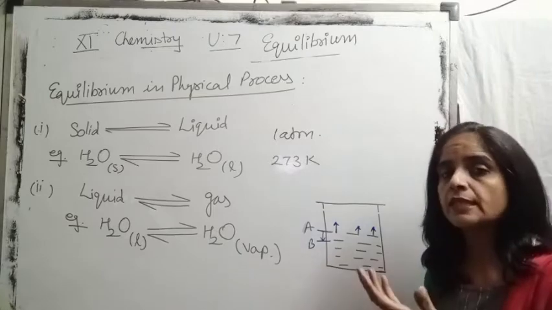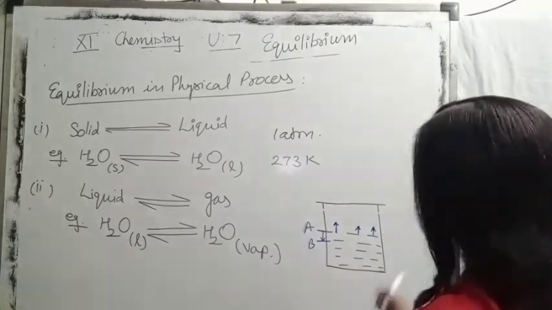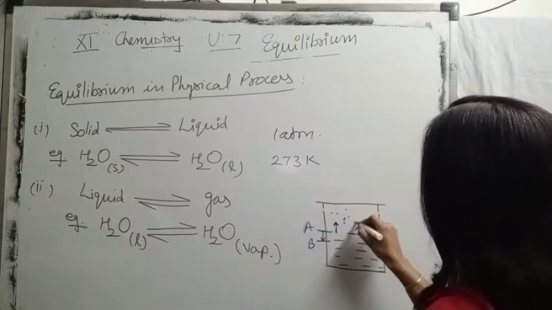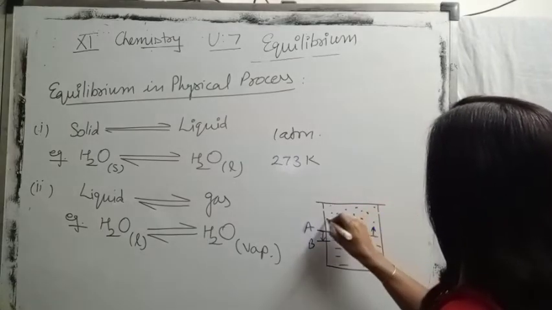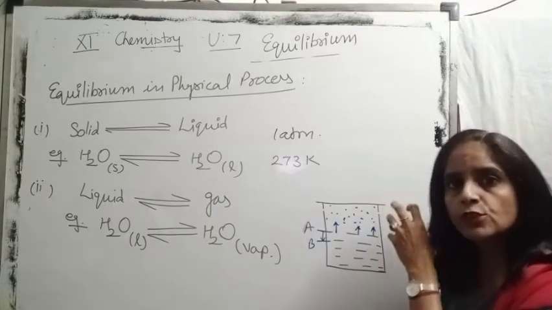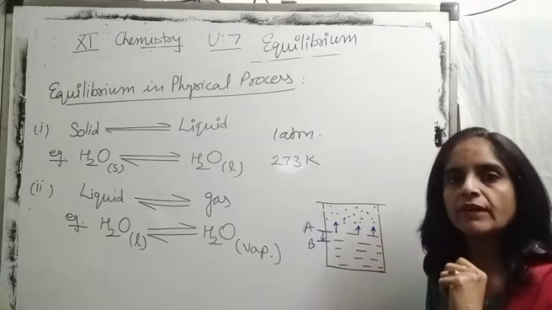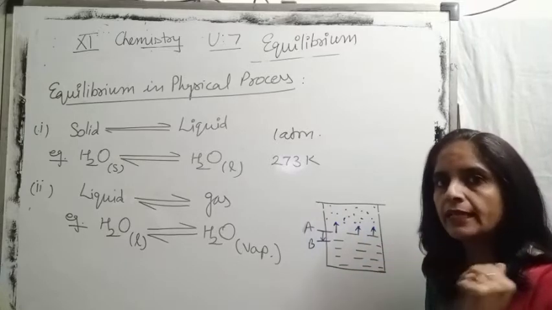And these vapors cannot escape out because the container is closed. So these vapors started collecting in this portion. But when this portion gets saturated with vapor molecules, due to collision between the vapor molecules, they exchange their kinetic energy.